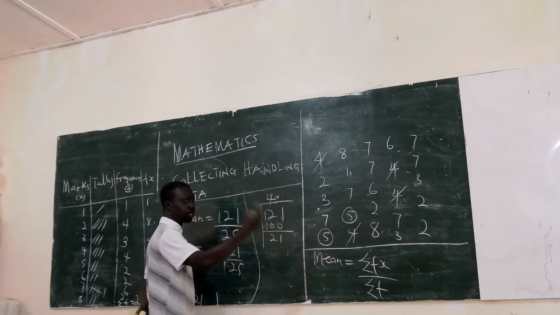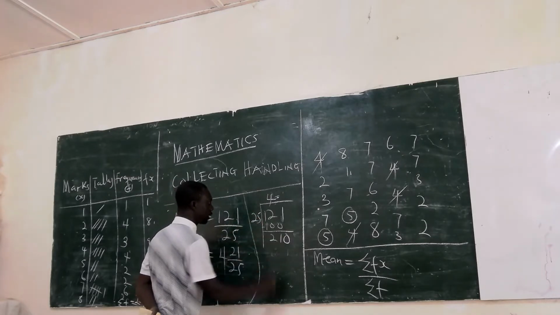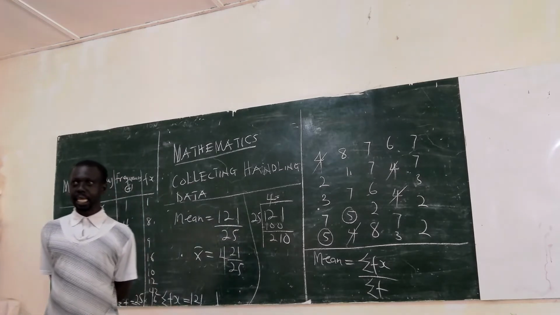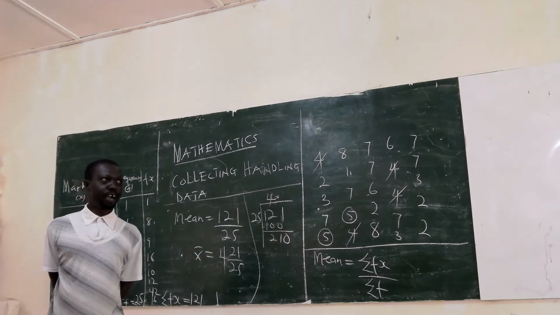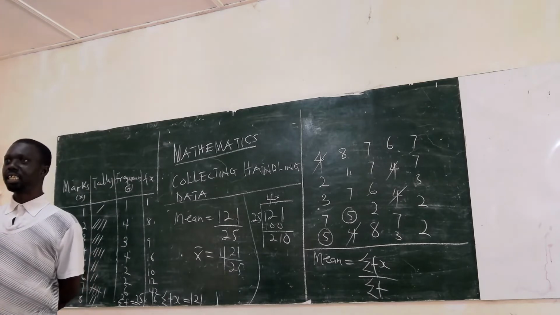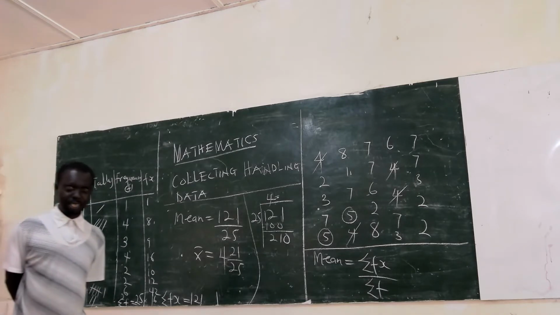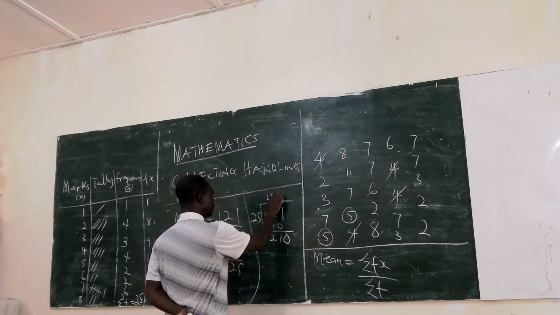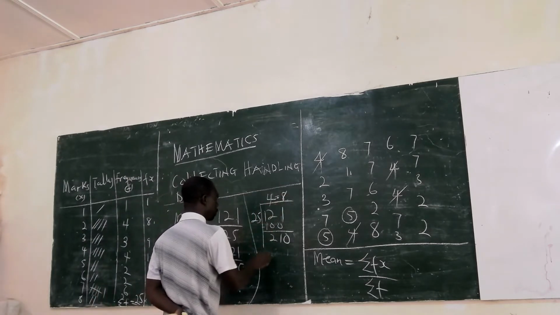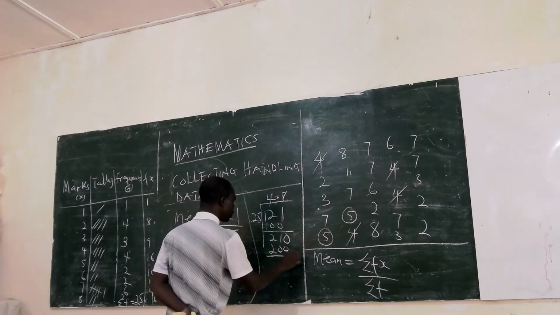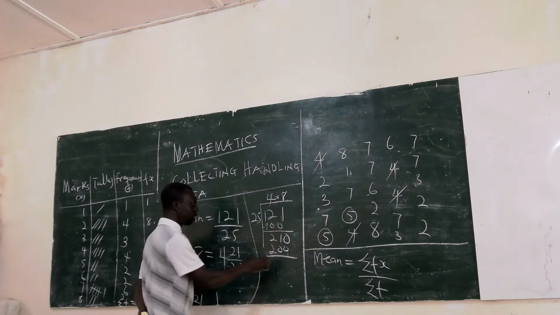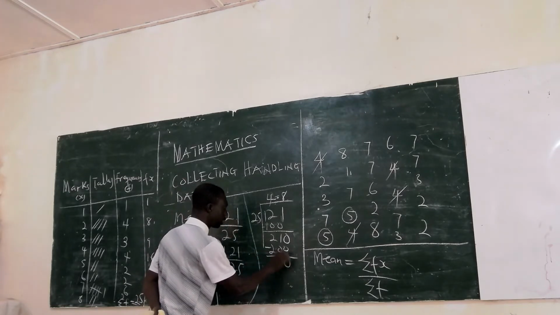The moment you bring the decimal point, you add a zero to get 210. 25 into 210 is 8, because 25 times 8 is 200. 210 minus 200 will give us 10.